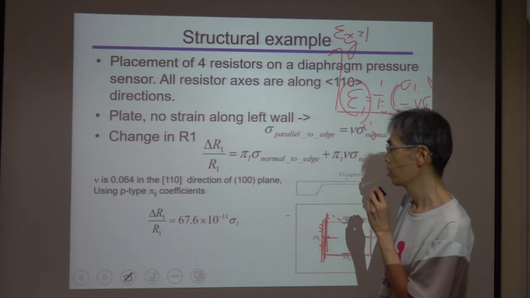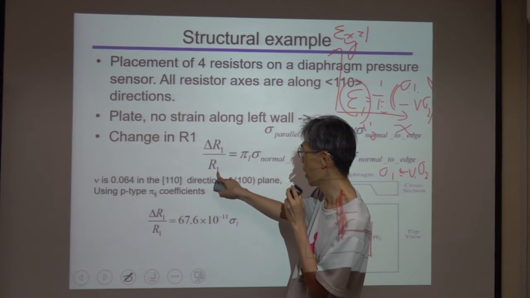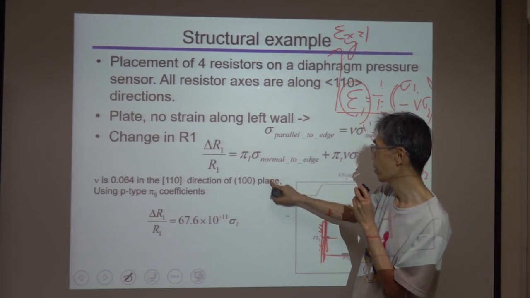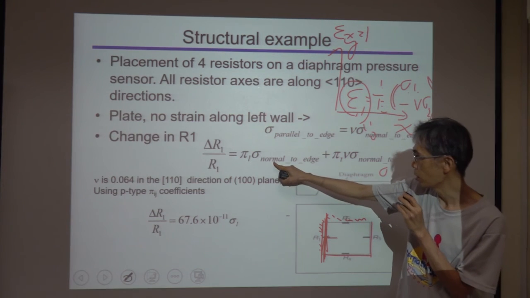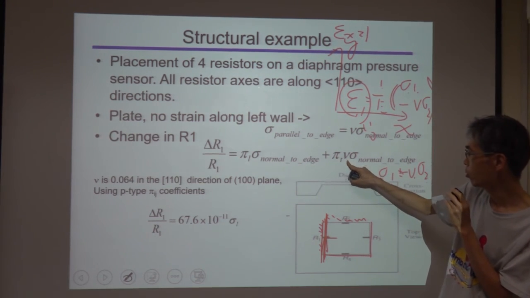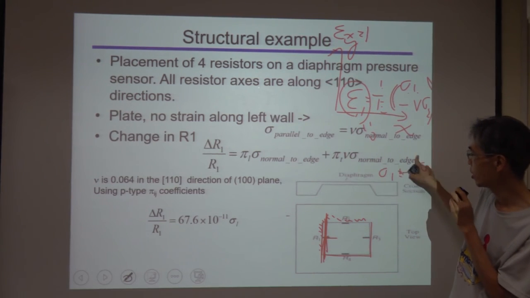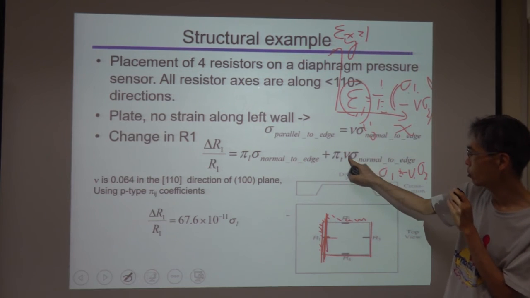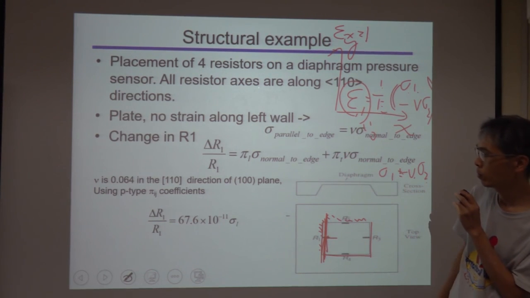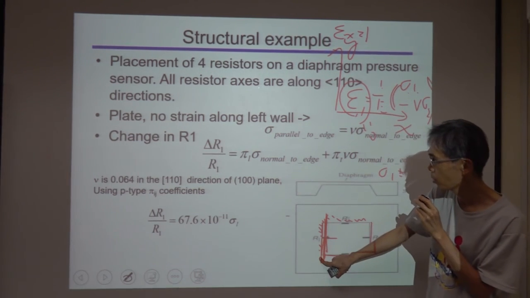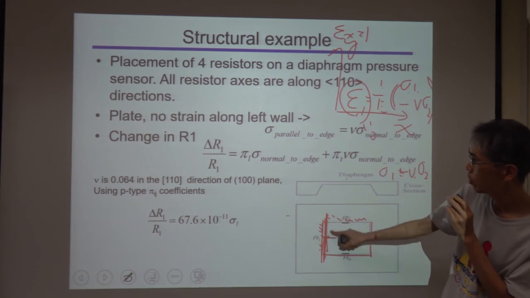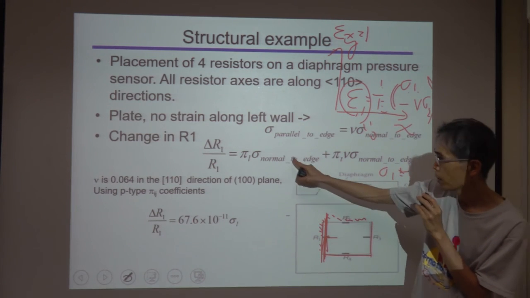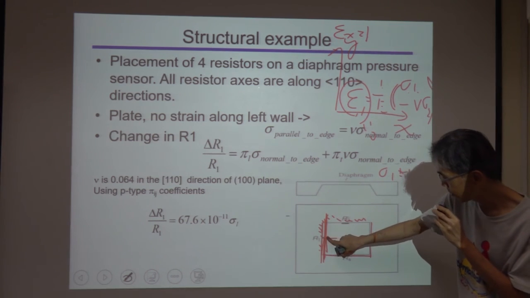Now the change in R1, delta R1 divided by R1, equals pi L sigma L in one direction plus pi t sigma t normal to it, but sigma t equals nu sigma L. So you can take one in this direction, R1.